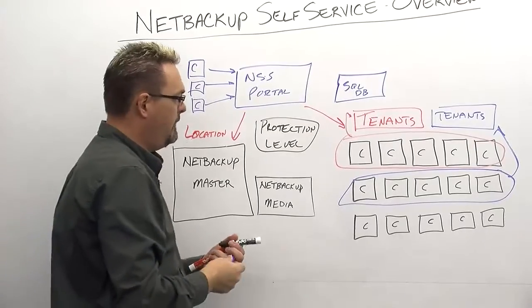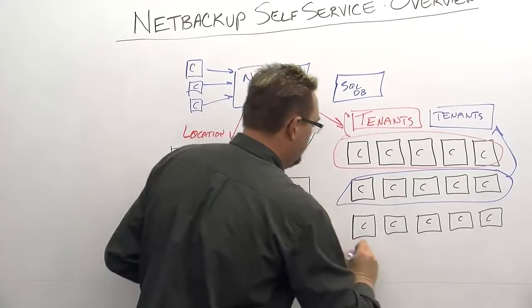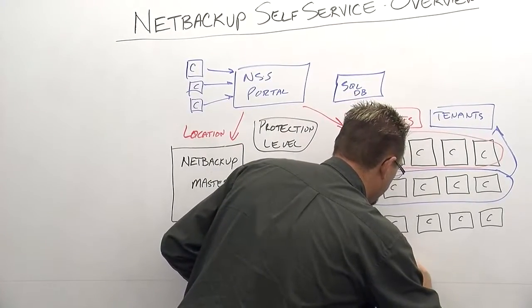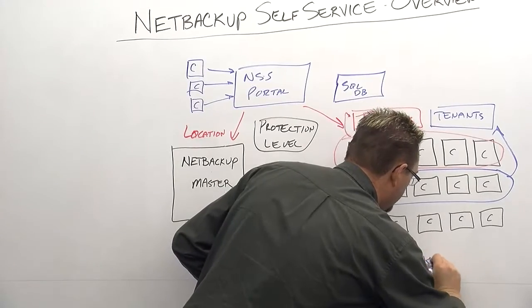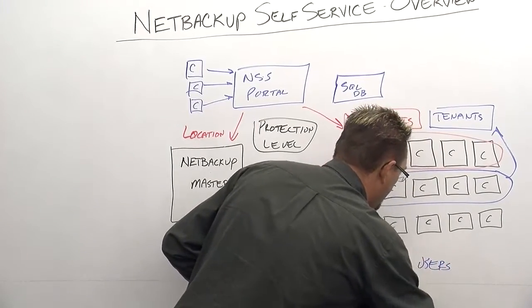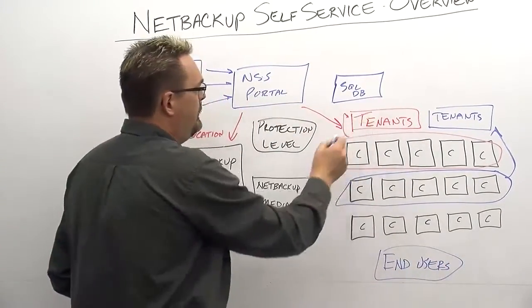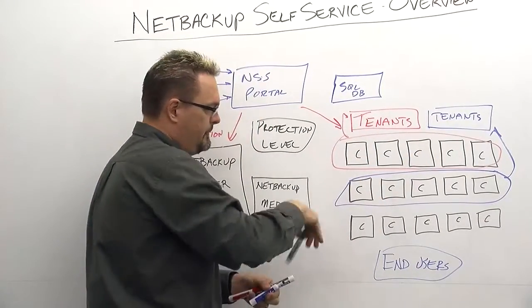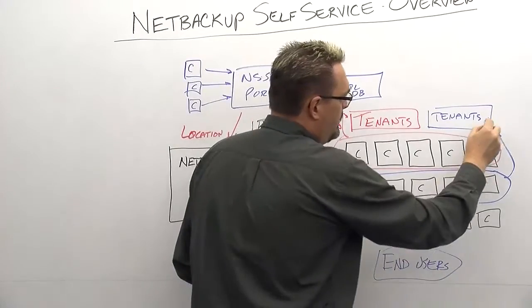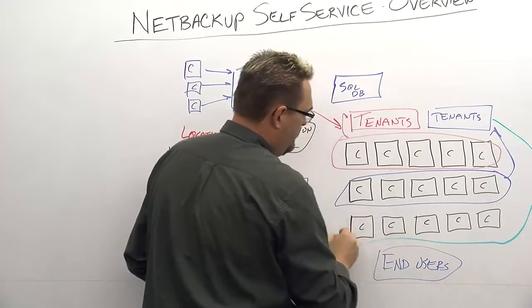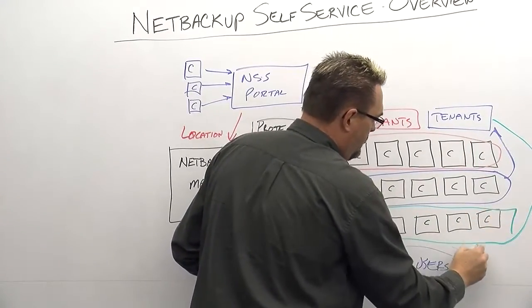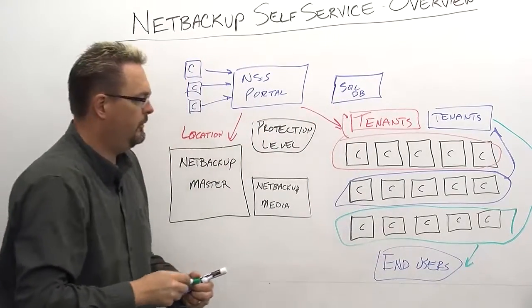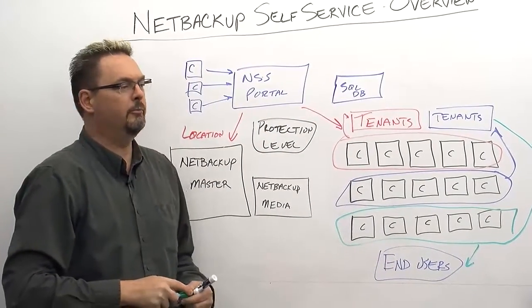And finally, we have the ability to add end users. Tell you what, I'll just throw those down here. End users are simply added with the tenants, and so a tenant could actually say, let's use the blue tenant. A tenant could say, these are also my machines, but I want this end user to only be able to see those machines.